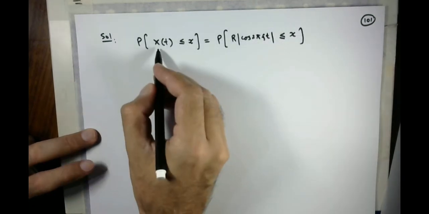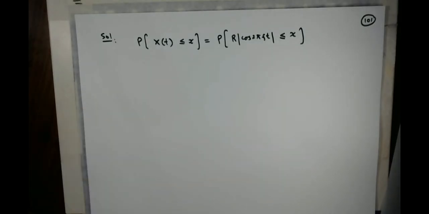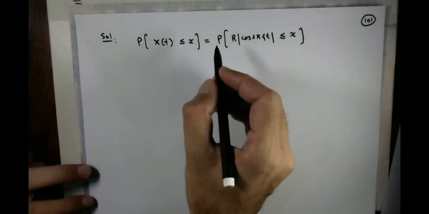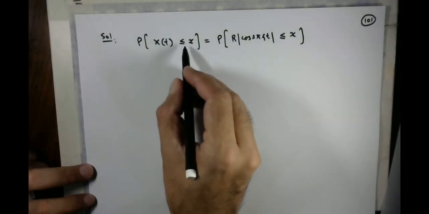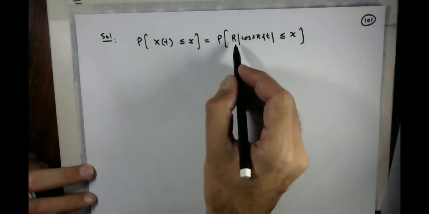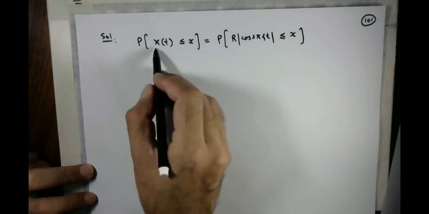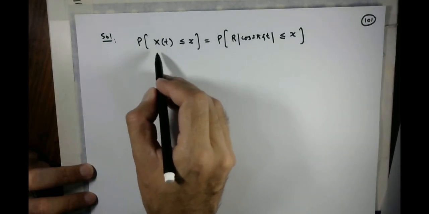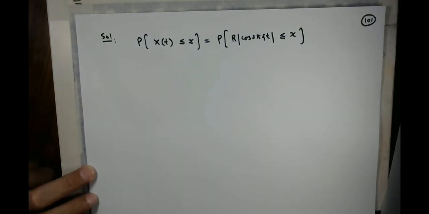This is the CDF. So the probability that the process is less than or equal to this value is basically this. I have simply substituted x of t with this, nothing big.